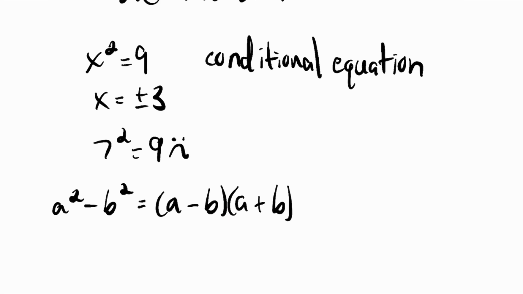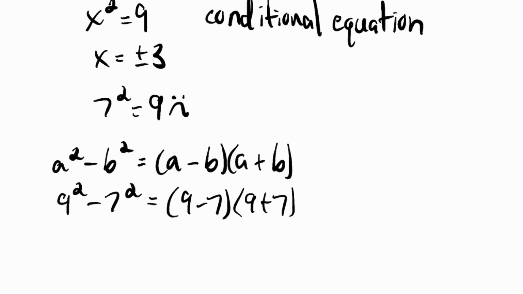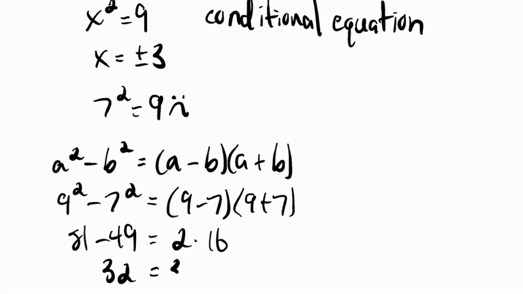I'll pick, say, 9 and 7. 9 squared minus 7 squared ought to be, if this equation is correct, 9 minus 7 times 9 plus 7, right? So I've got 81 minus 49, that ought to be 2 times 16, and sure enough, both of those are 32. That checks out.